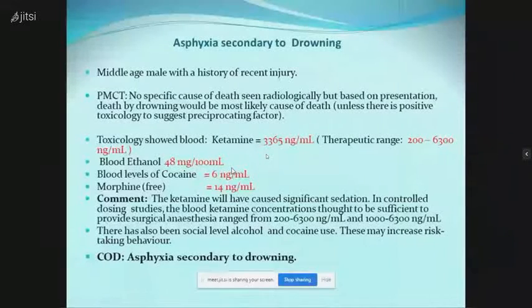So the ketamine will have caused significant sedation, and that might lead the person to drown in the water as a result of this. So drowning leads to asphyxia, and then it leads to death.